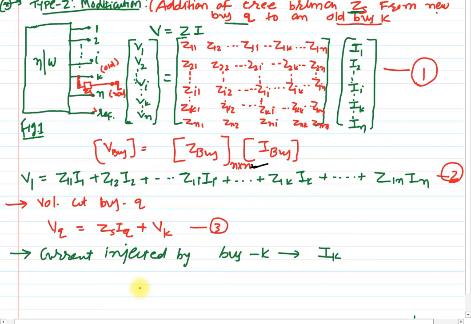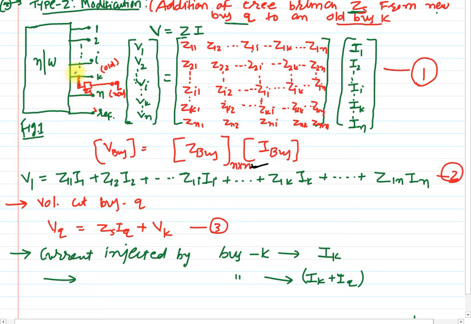But now after addition of this bus number Q, or I can say new bus into the old bus, the current injected by the kth bus after addition is IK plus IQ. I hope it makes sense to you.